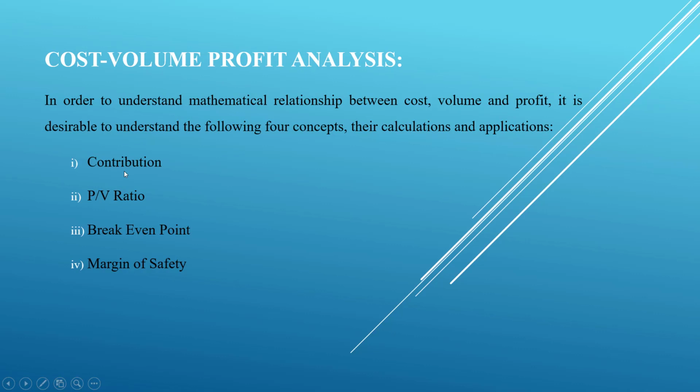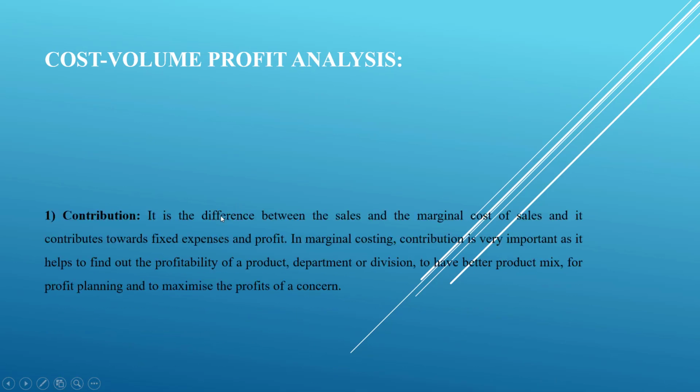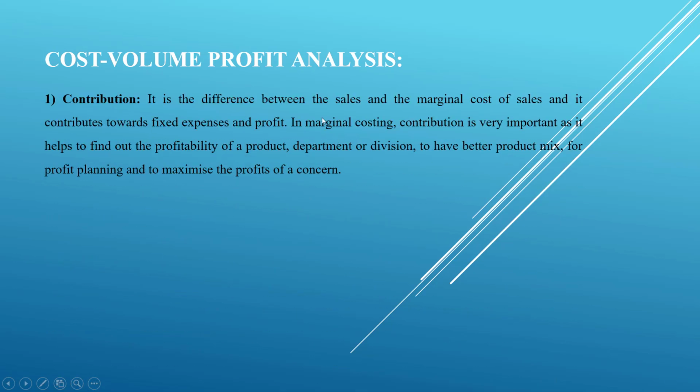Now the first concept is contribution, PV ratio. PV ratio stands for profit volume ratio, break even point and margin of safety. Now contribution, what is contribution? Contribution is the difference between sales and the marginal cost of sales. Whatever sales value we have, from there marginal cost has to be deducted.